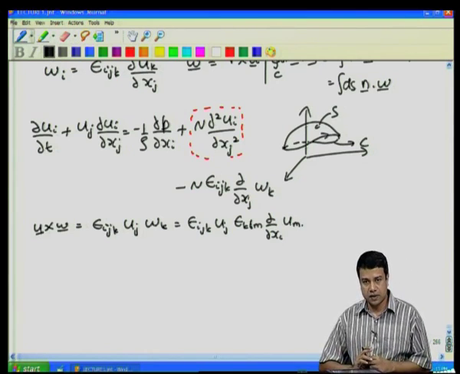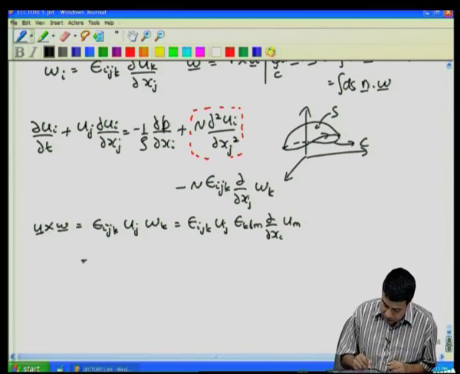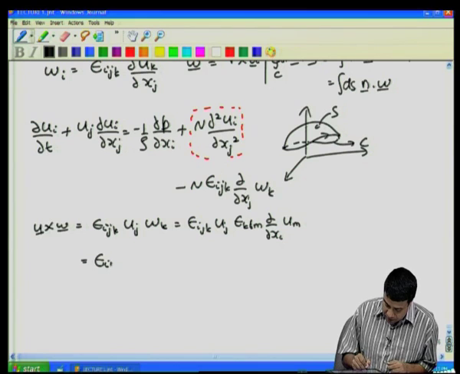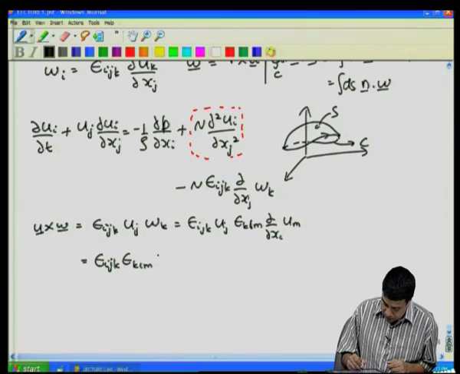Just writing omega_k as epsilon klm partial by partial x_l of u_m. So, this is equal to epsilon ijk epsilon klm u_j partial by partial x_l of u_m.